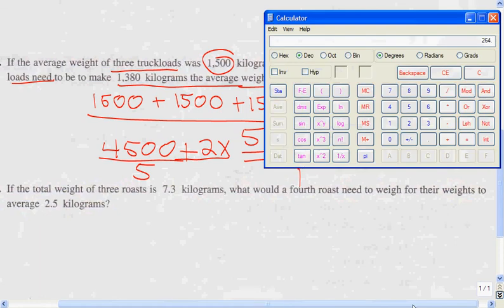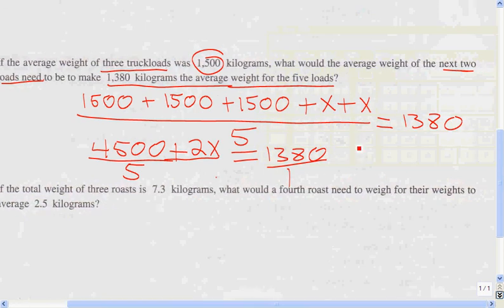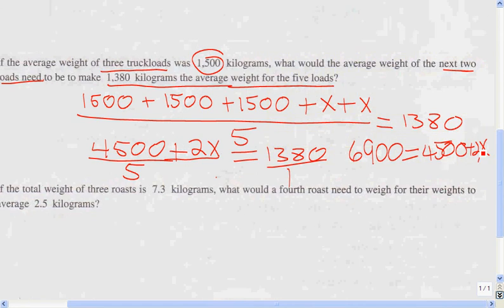1,380 times 5. I don't know what that is, so I'm going to use my calculator. 1,380 times 5 equals 6,900. 6,900 equals 4,500 plus 2x. I'm going to subtract 4,500 from both sides so I can isolate my x.